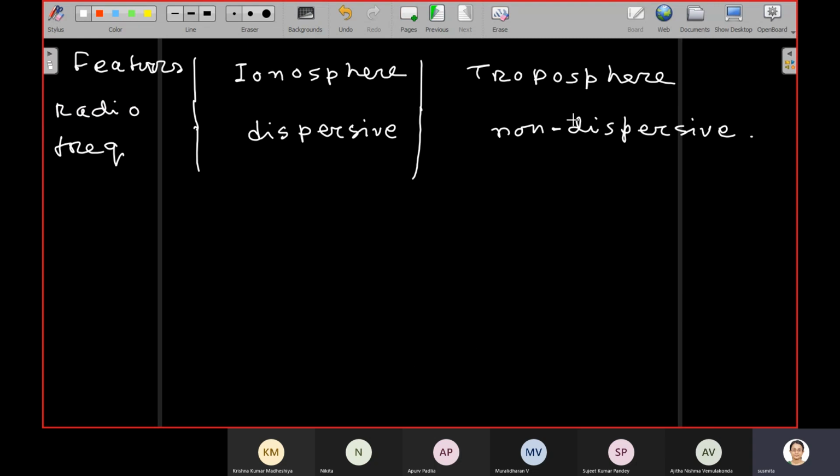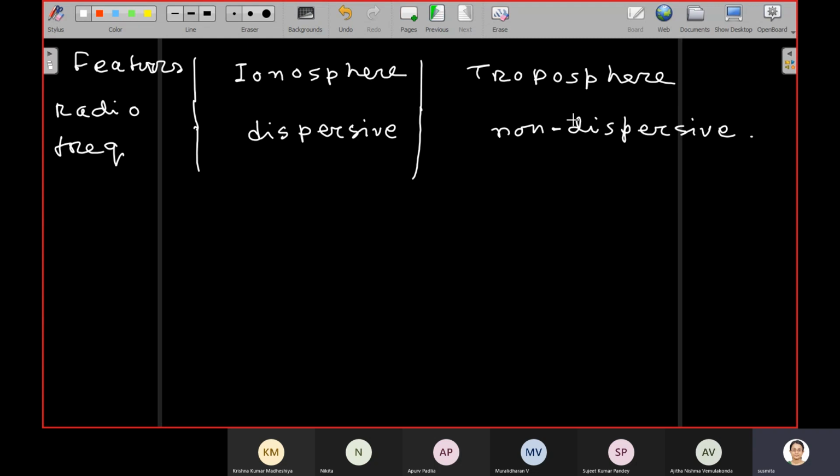So in case of the ionosphere, the refractive index depends on the radio frequency, carrier frequency. Whereas in case of the troposphere, the refractive index does not depend on the carrier frequency. It does not change from one frequency to another. That's why the troposphere is non-dispersive and the ionosphere is dispersive.